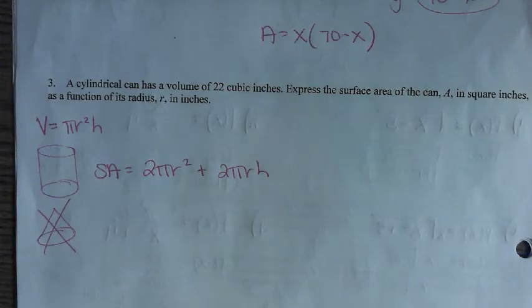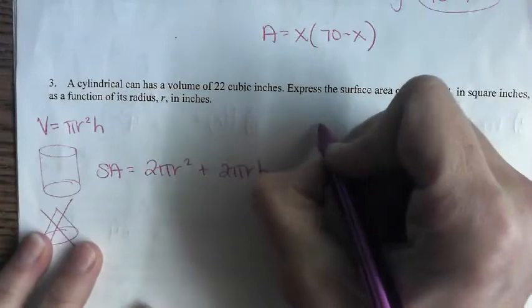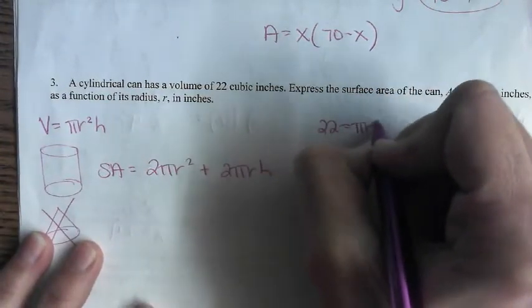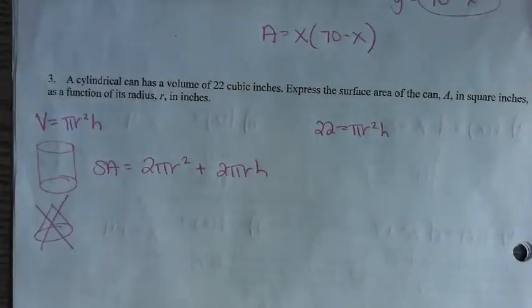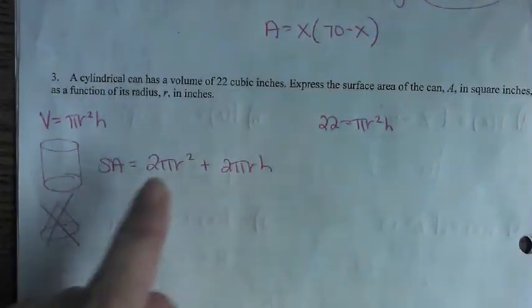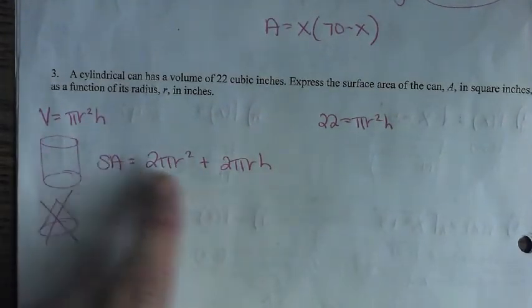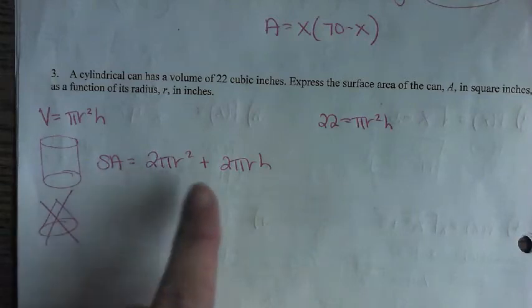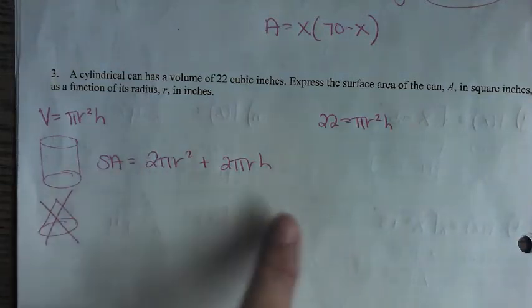So starting with the first sentence, a cylindrical can has a volume of 22. So you would set 22 equal to pi r squared h. And then they want the surface area just in terms of radius. And right now our surface area is in terms of what? Radius and height.